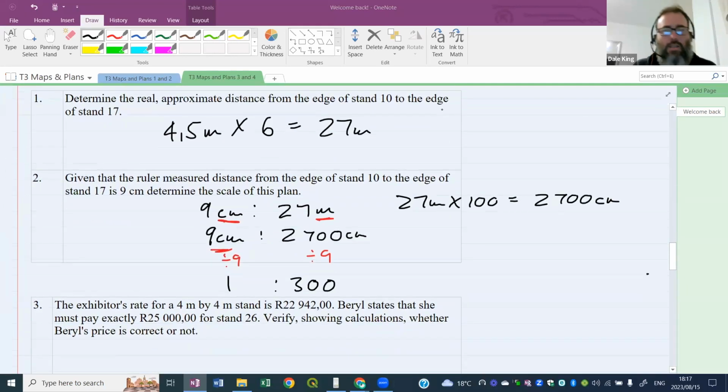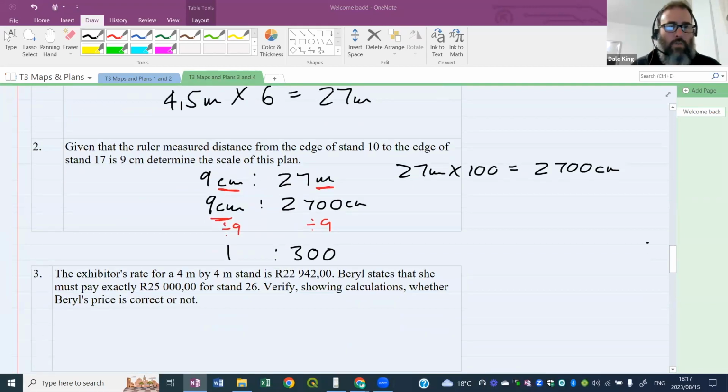The exhibitors, this is Matrix, come now, step up, here we go. The exhibitors rate for a 4 meter by 4 meter stand is 22,942. What kind of an exhibition is this? Beryl states that she must pay exactly 25,000 for stand 26.